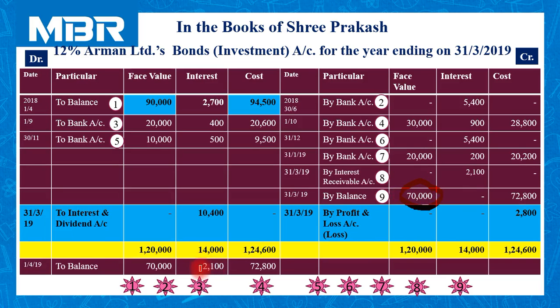Accrued interest 2,100, that is available to us over here in the calculation. And cost price of the investment in opening 72,800. It was the closing balance of 31st March 2019. So it is the opening balance for the year 2019-20 as on 1st April 2019.